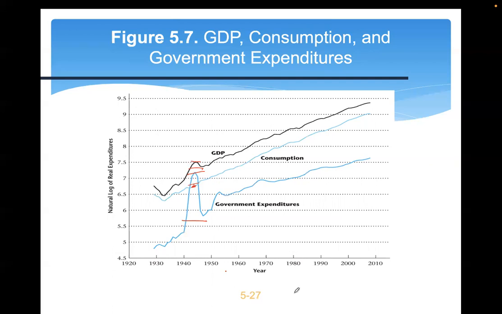By the identity we have, C plus G equals Y. But here G increased a lot, C declined a little bit, and Y increased slightly. This doesn't add up: the increase in Y and the decrease in C are not enough to cover the increase in G.